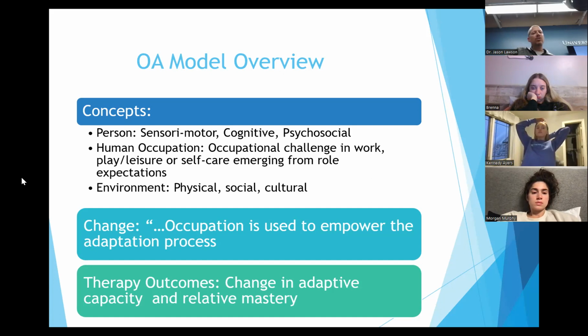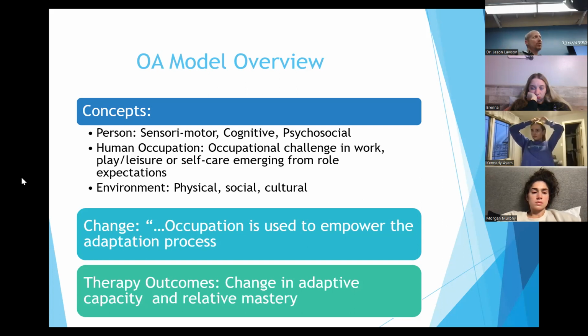Occupation is lumped into work, play, leisure, or self-care. Okay, and so those are all expected or based on our main life roles. Okay, so your guys' work might be being a student.